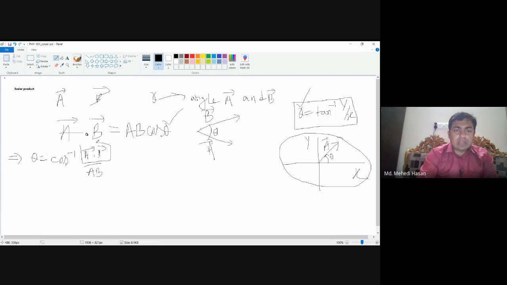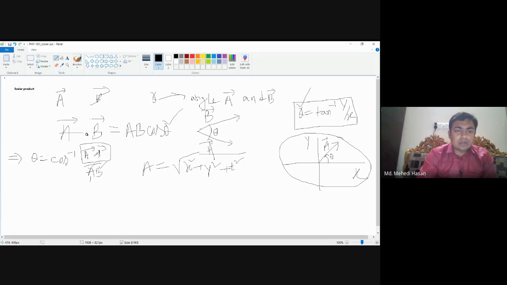First we have to calculate A dot B, where A and B represent the magnitudes of the two vectors. In the previous discussion class I explained how to find the magnitude: A is equal to root over x square plus y square, and if three dimensional, plus z square.